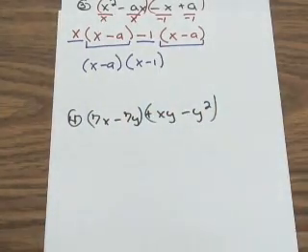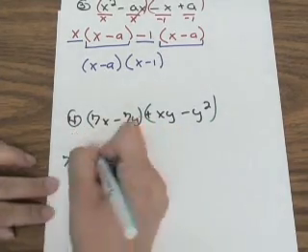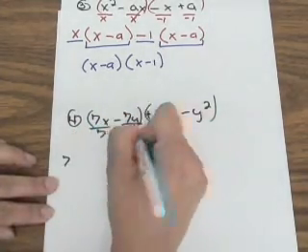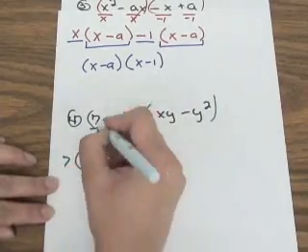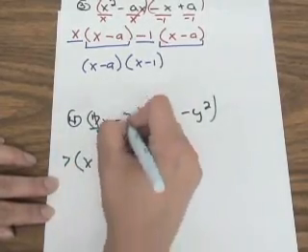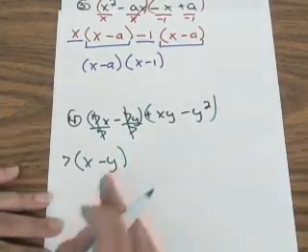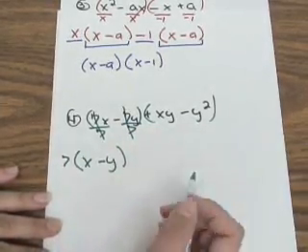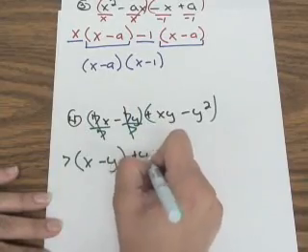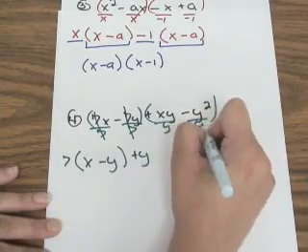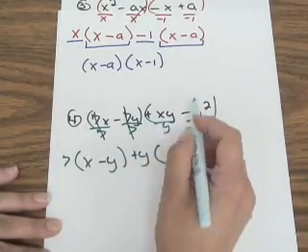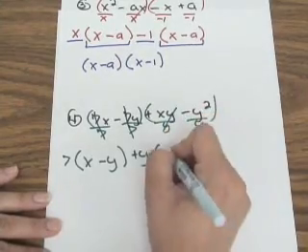So after I factor out the y, what's left? xy divided by y leaves me with x, and negative y squared divided by y leaves me with minus y. Again, I can see that out of my 2 terms, here's my first term, here's my second term, they have the common binomial of x minus y. So when I factor out x minus y, there's 7 plus y. And this would be the answer in factored form.